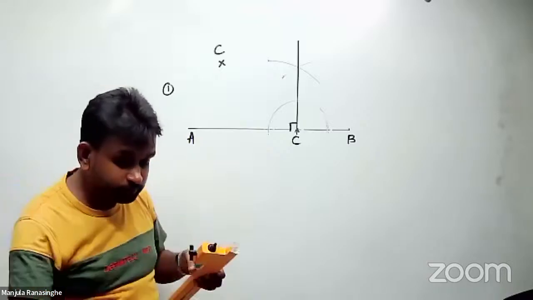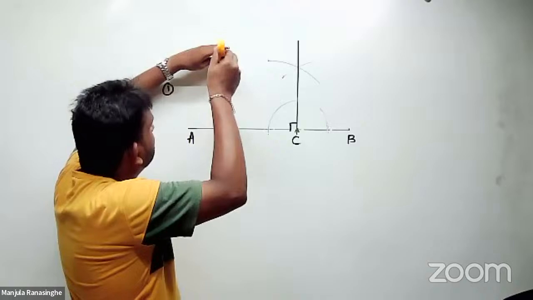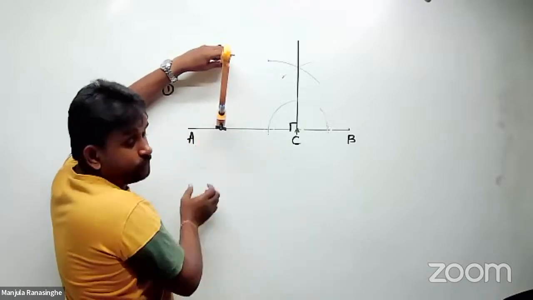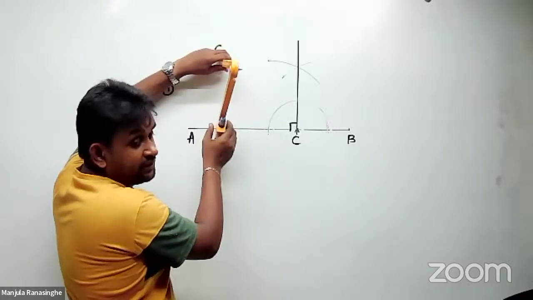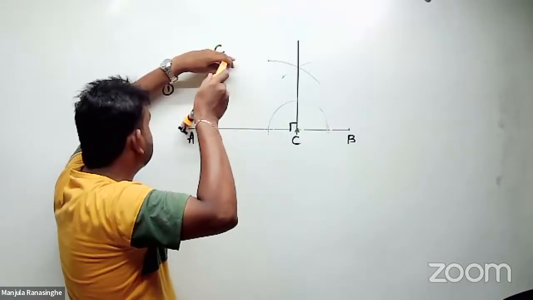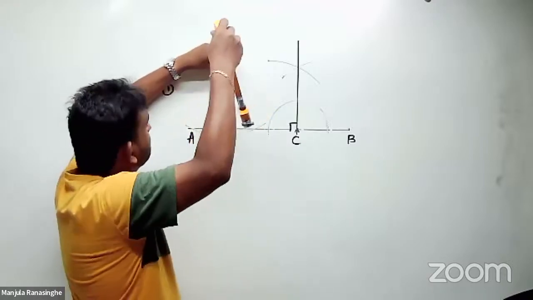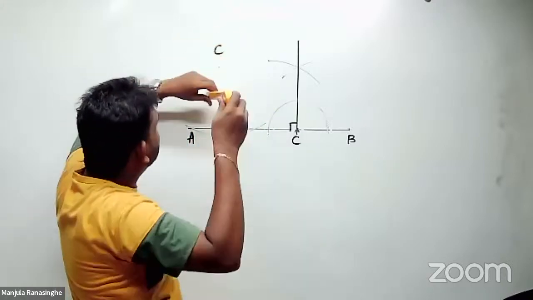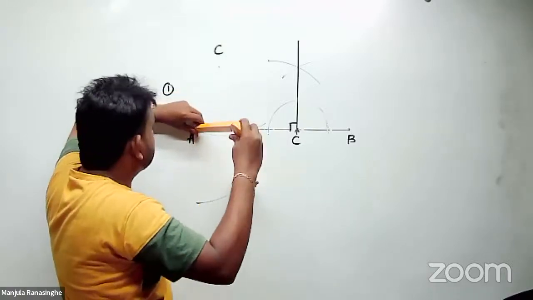Right. See. Keep the compass at the point and take a bit more than the AB line length. Take a bit more than the AB line length and make an arc, right? In this manner. Then you take a bit more distance or the same distance and downwards make an arc here.